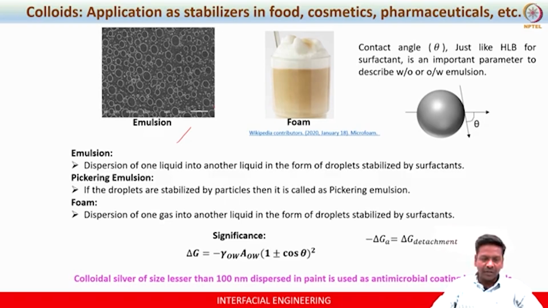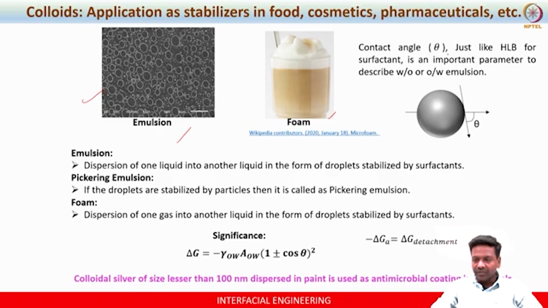These are SEM images of emulsion droplets. And what is shown in the schematic is a foam. It's a good example of a liquid-gas system. Like we have seen in our module number 2, when we dealt with the contact angle and surfactant, we described that the contact angle is just like the HLB number that we define for a surfactant.